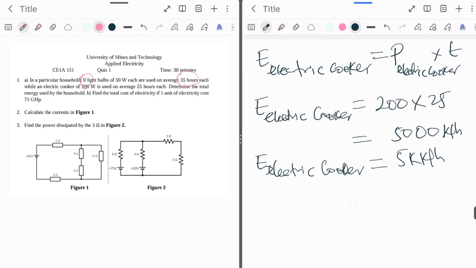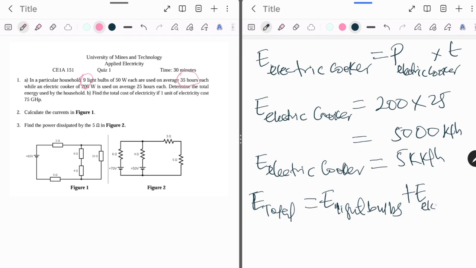So the total energy is going to be the energy consumed by the light bulbs plus the energy consumed by the electric cooker.